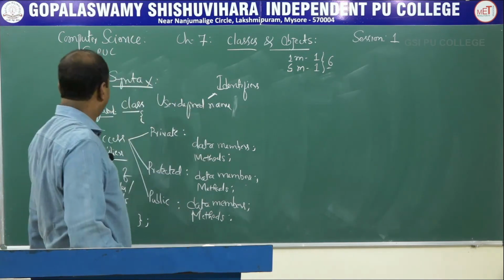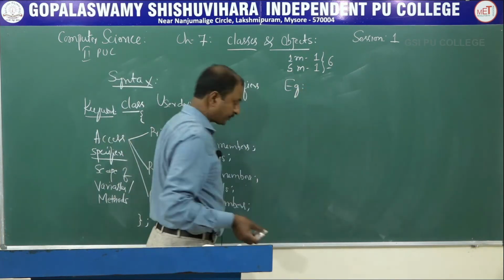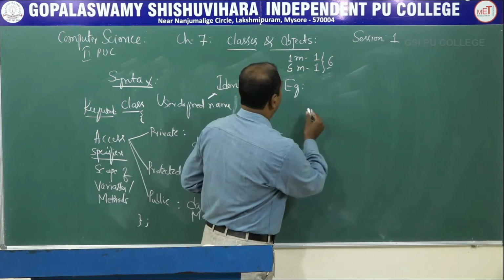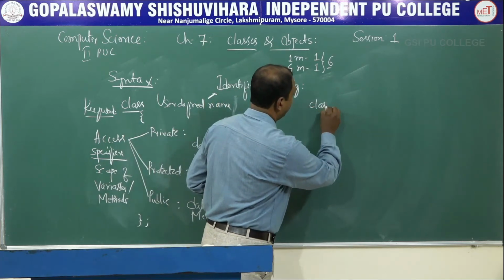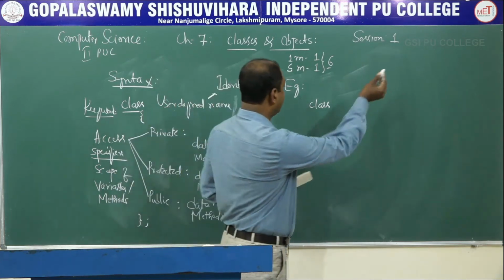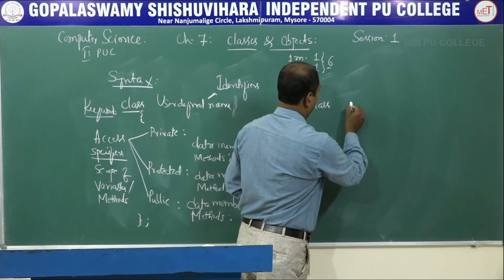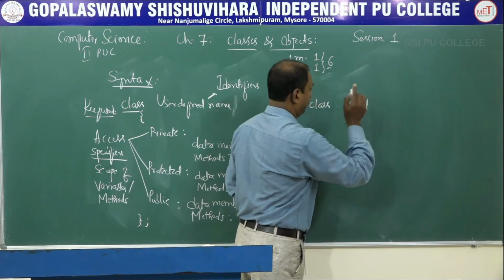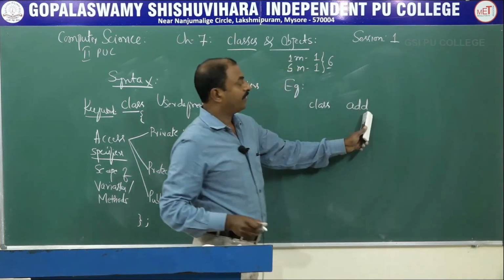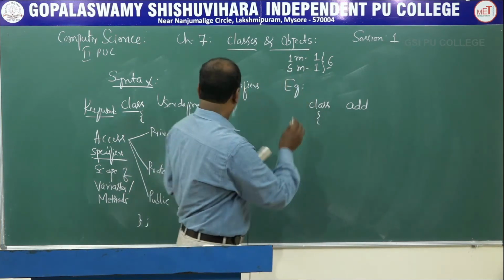Now let us write one example. How do we define a class? For example, I say class, it is a reserved word, and here I say class add. I'm going to write the name of a class as add here. So here open this flower bracket.